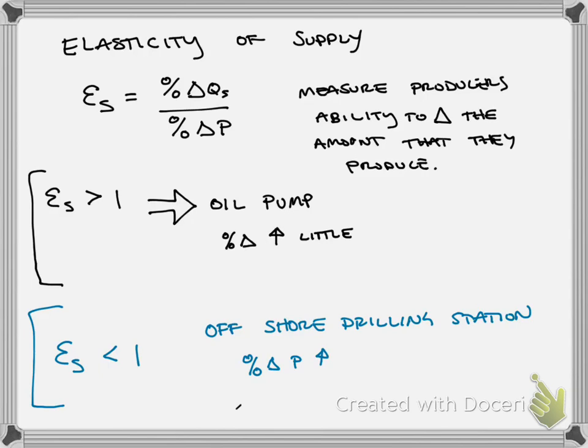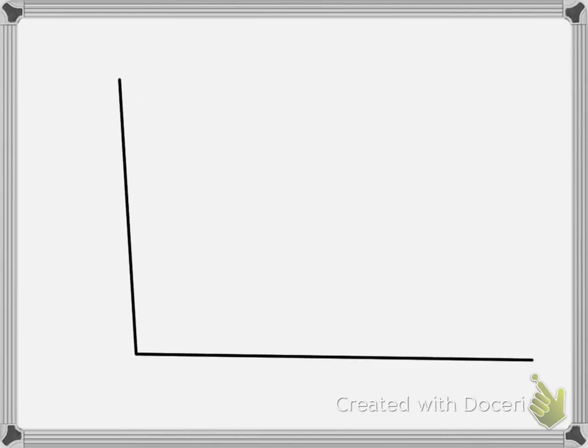So one thing we can look at is sports stadiums, if you will. So a sports stadium, if this is price and quantity, the supply of a sports stadium might look exactly like that, meaning that there is some quantity of seats in the stadium.